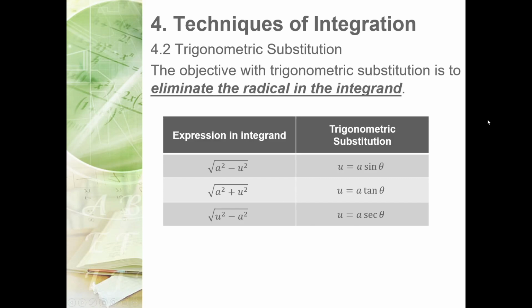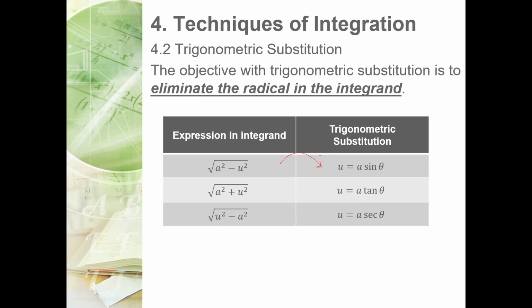Okay, so we now move on to the second technique of integration, which is trigonometric substitution. As you can see in the three different formulas, we're going to get the corresponding trigonometric substitution from the particular radical format.